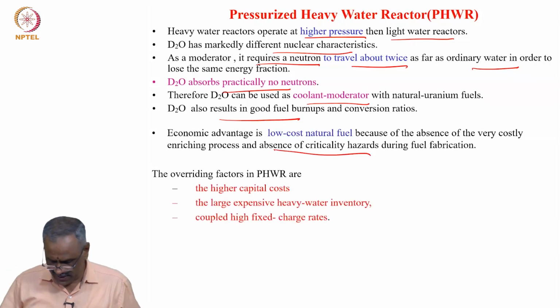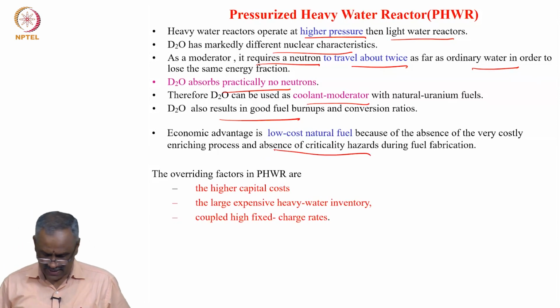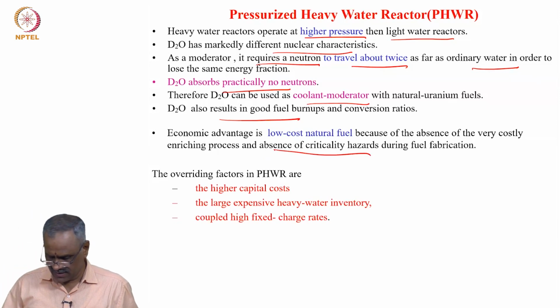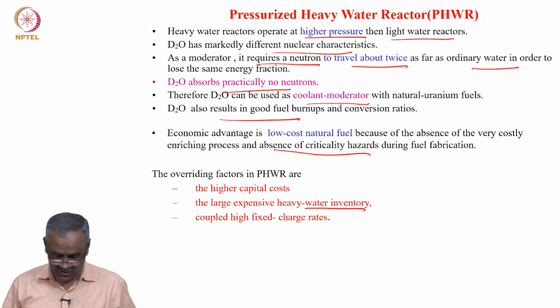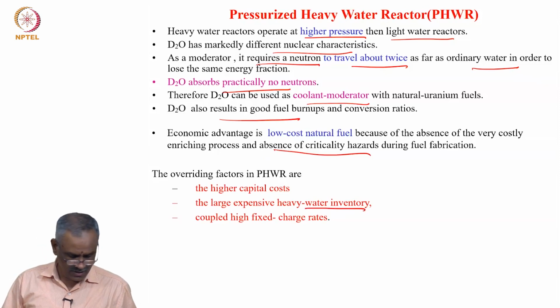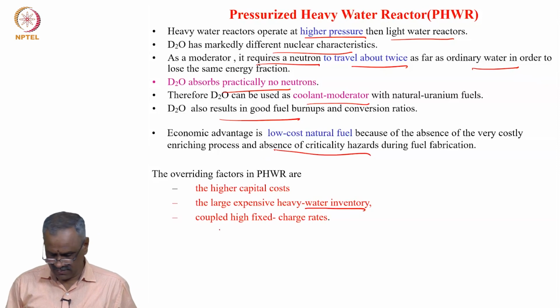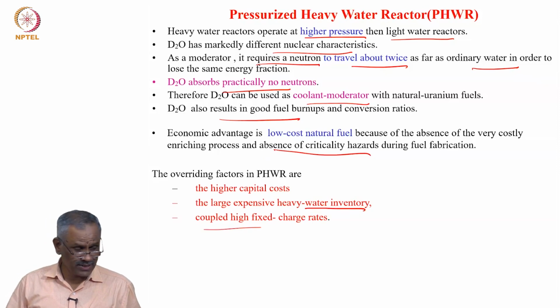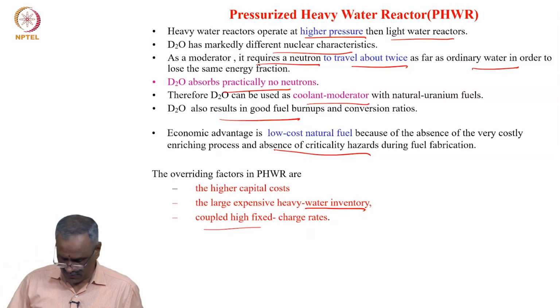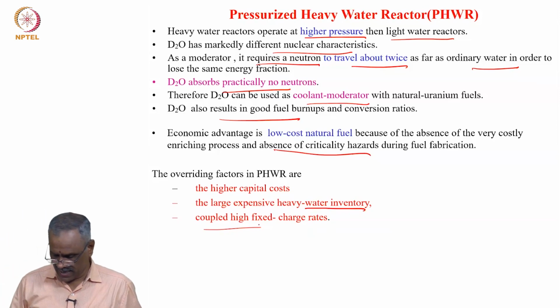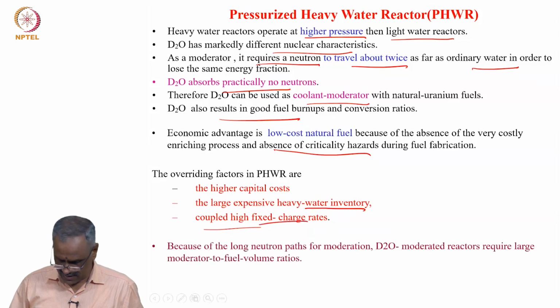The overriding factors against this include high capital cost and a large, expensive heavy water inventory, because heavy water needs to be produced, and the production of heavy water from light water is also a very expensive component. So, it is coupled with high fixed charge rates.